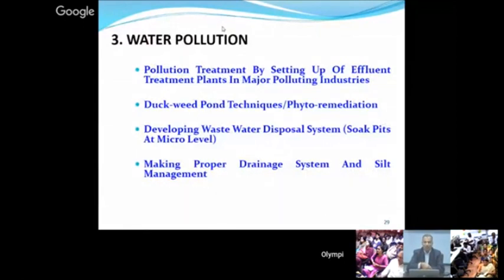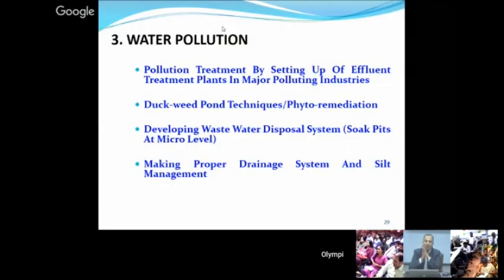Then water pollution is another big issue on which we have to work. What to do about it? Effluent treatment plants have been set up. First of all, we should have ETPs for all industries.